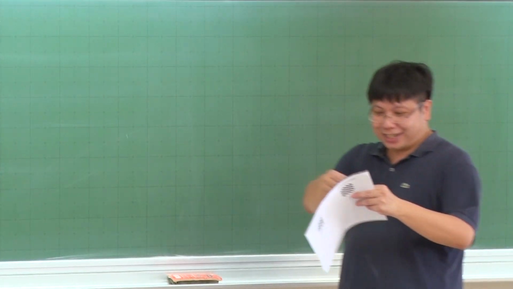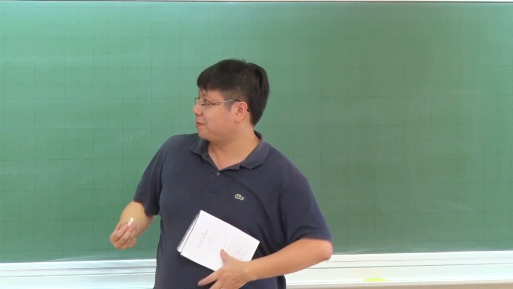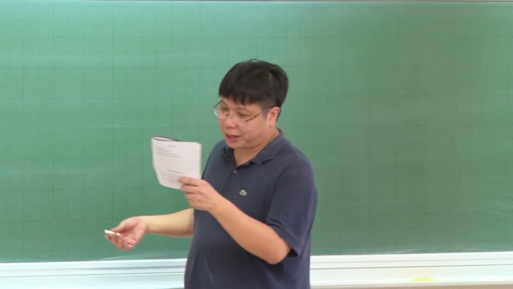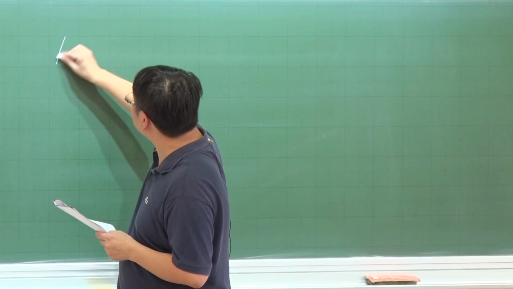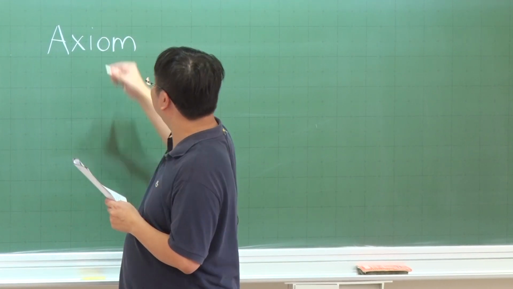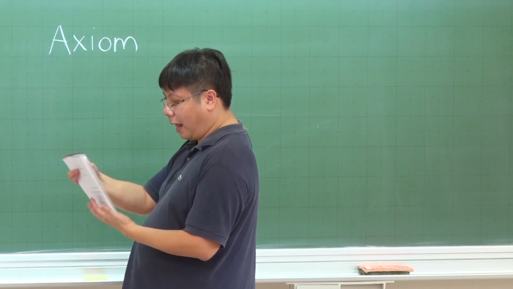So here let me define some terms that you will usually see in a proof. Some concepts. The first one is called axiom. And then the other one is called lemma.